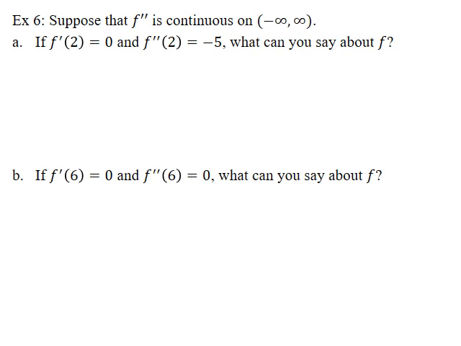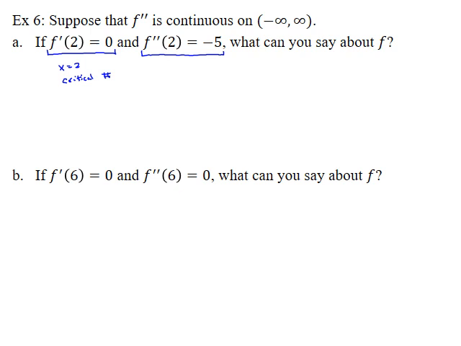This is a way that I can check to see if you're understanding your definitions here. First part: if you plug a number into the first derivative and it gives you 0, that means x equals 2 is a critical number. That is the definition. And we learned earlier with the second derivative test that if you plug your critical number into the second derivative, that tells you about the local max and min.